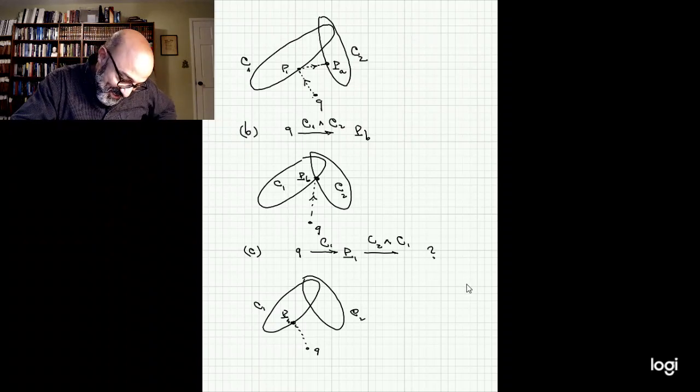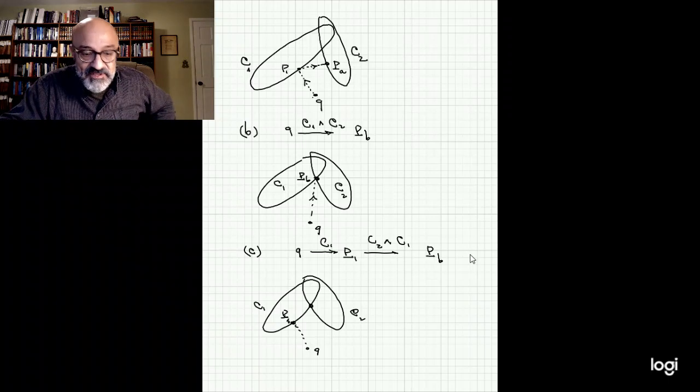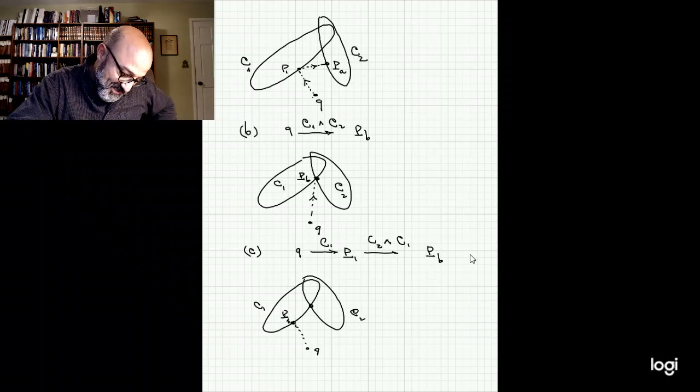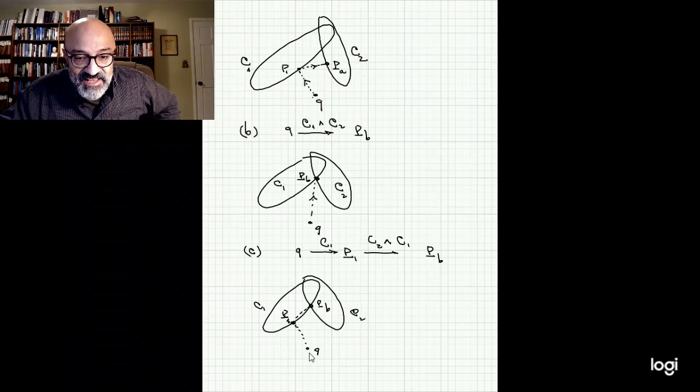It turns out to be the case that the result is PB as well. So the result is something that takes you to PB. It's actually very pleasing. You can go from Q to PB directly, or you can go from Q to P1 to PB, but you have to be very careful.